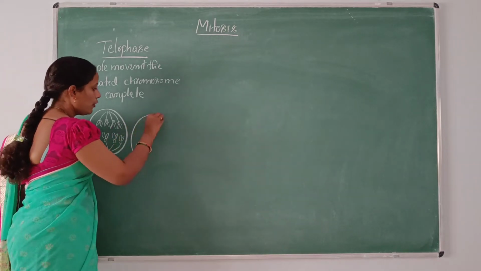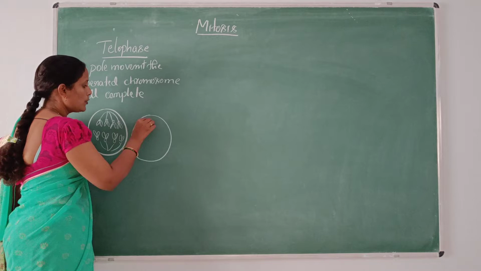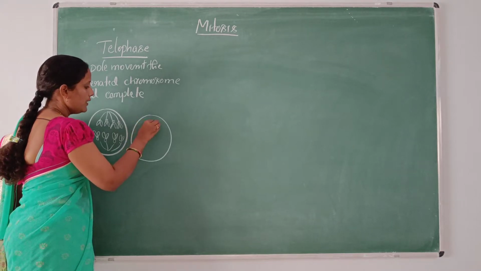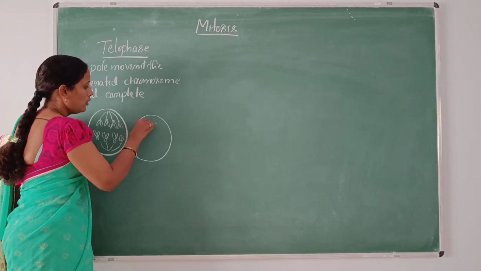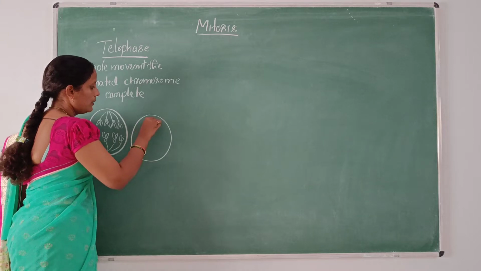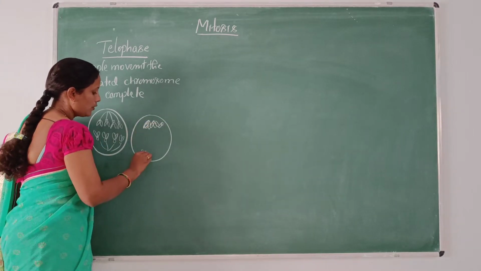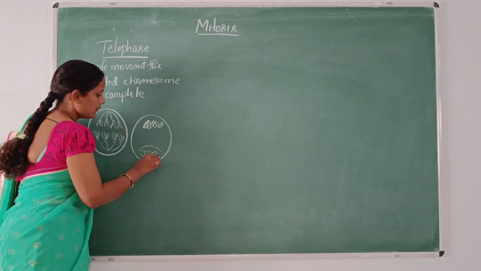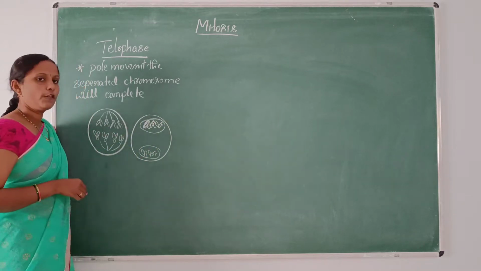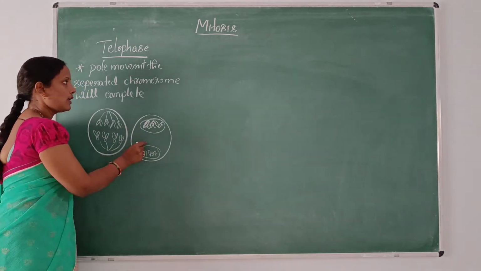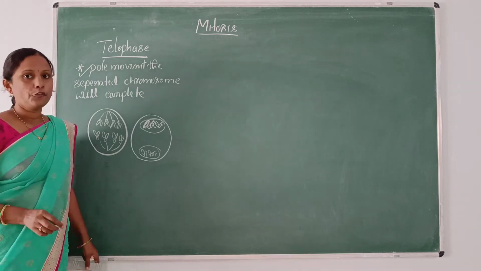And there is a formation of two groups of chromosomes. One group here and another group here. This marks the telophase.